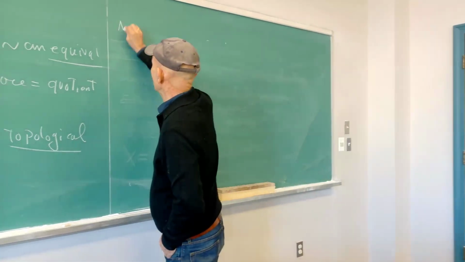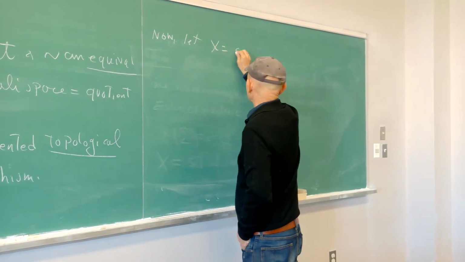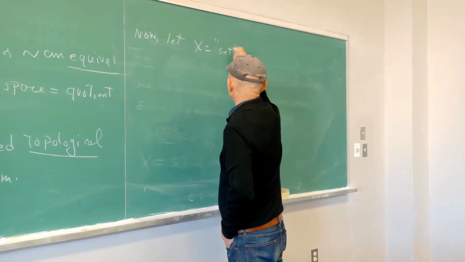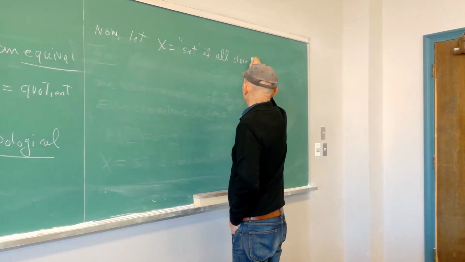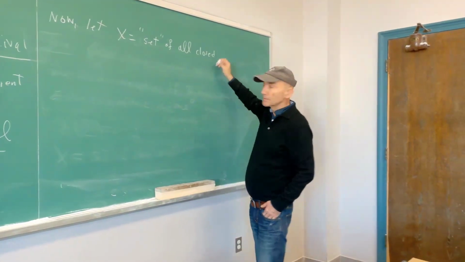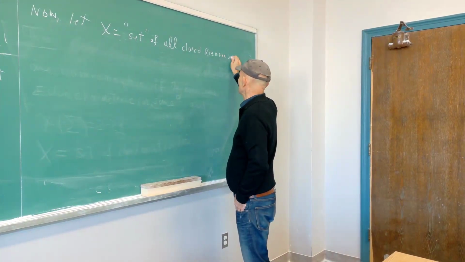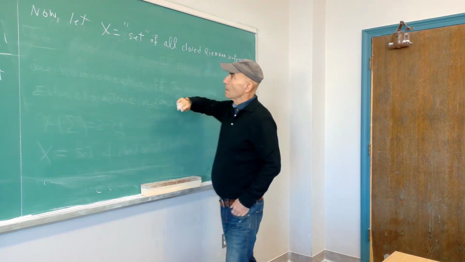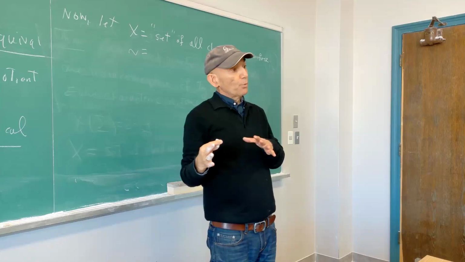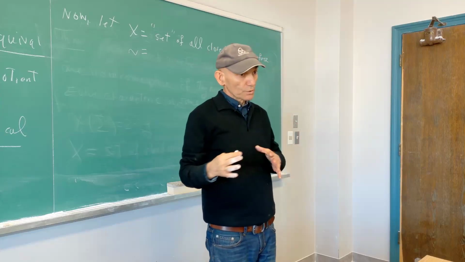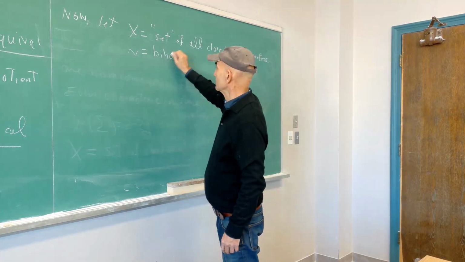So now let X be equal to, again, the set of all those Riemann surfaces, and we identify them via the isomorphism that comes from holomorphic maps, not smooth maps, biholomorphisms.